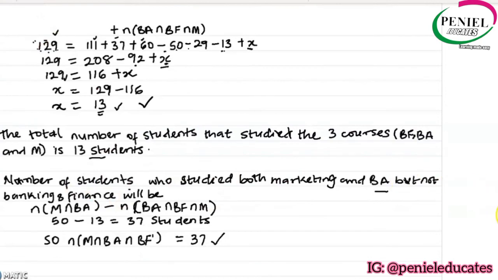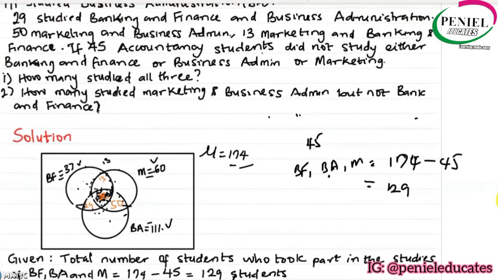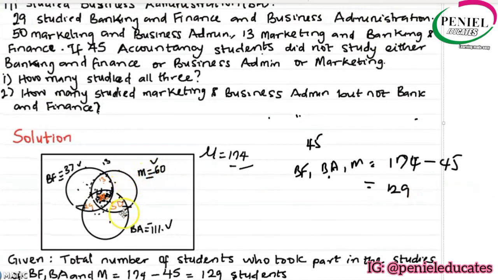All right, so we look at this marketing, this banking and finance, and don't forget what we did the other time when we got X to be 13. For us to know people that actually studied this particular one and this one only, these 13 that are here study all the three subjects, including banking and finance.